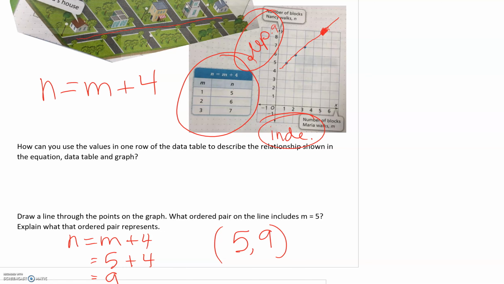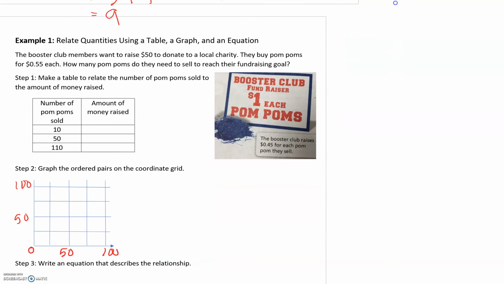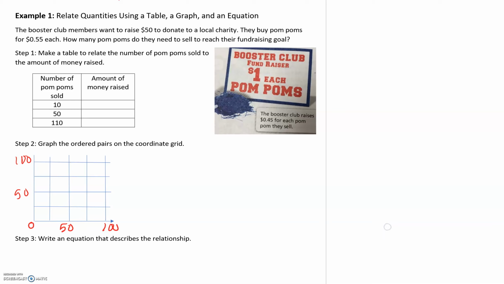All right, so let's get to the examples. Here we have Booster Club members who want to raise $50 to donate to the local charity. They buy pom-poms for 55 cents each. How many pom-poms do they need to sell to reach the fundraising goal?